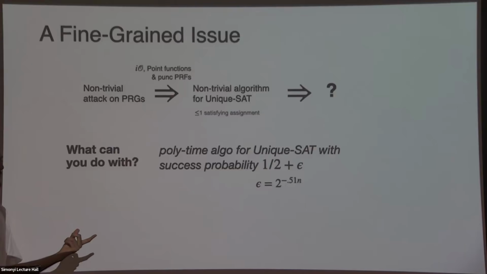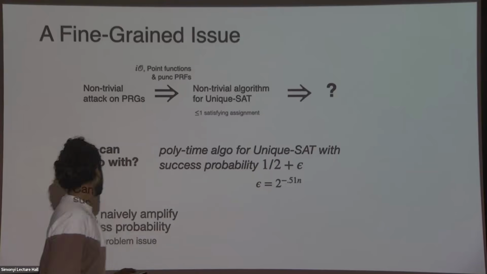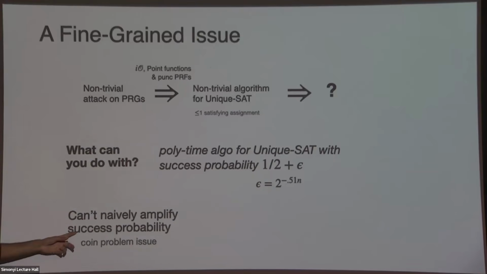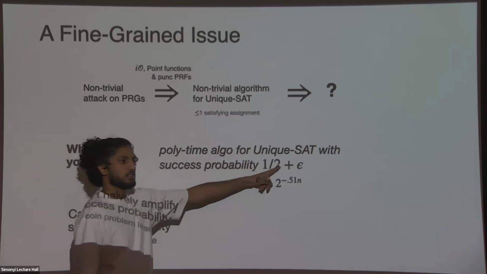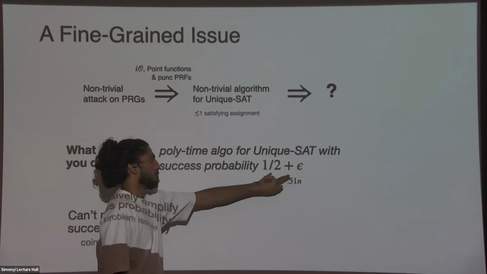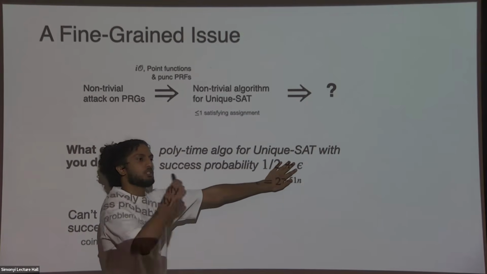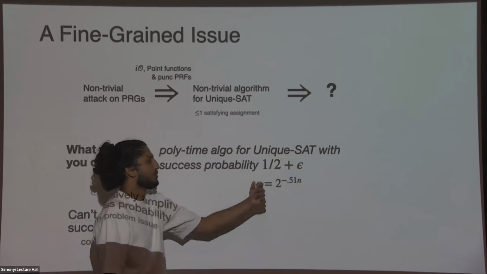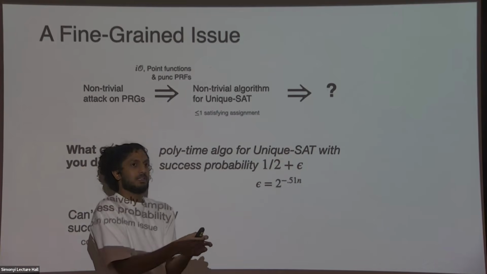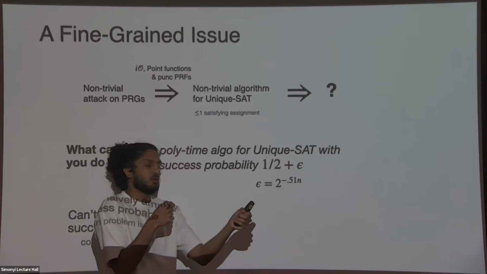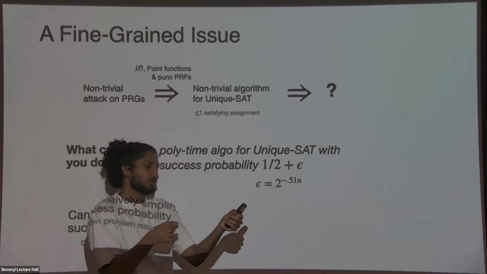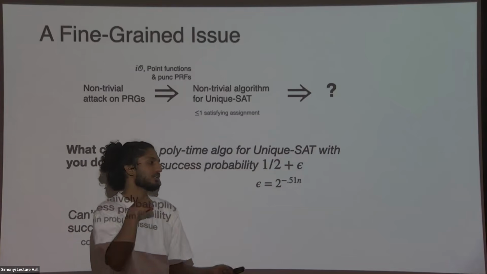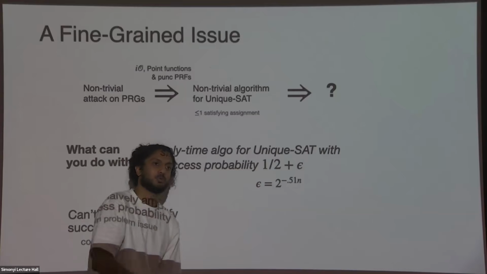Well, there are kind of two problems. The first is that you can't naively amplify success probability. Usually when you have an algorithm that works with some probability, like 3/4, you would just run it over and over again and take the majority answer. But if you have a coin with bias 1/2 plus epsilon, to distinguish it from 1/2 you'll have to flip it 1/epsilon squared times.